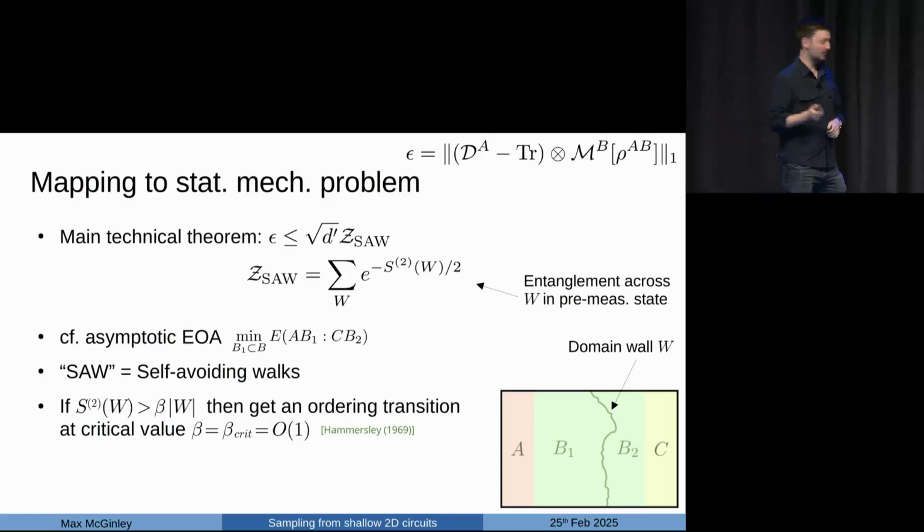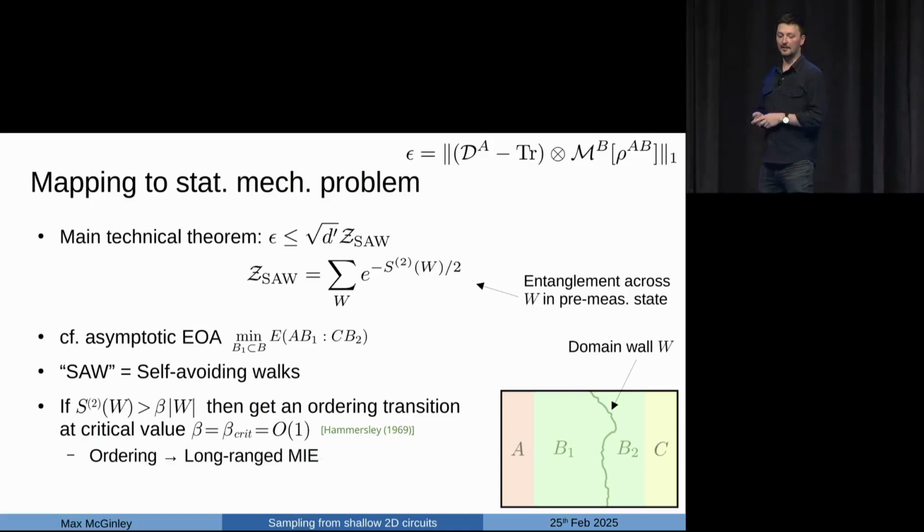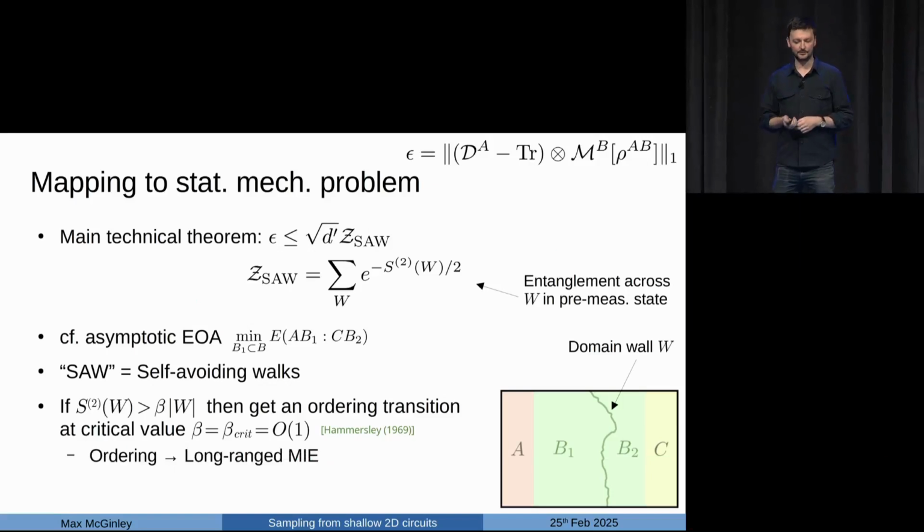It orders at a critical value of beta, which is order 1. And our claim is that when this statistical mechanics model orders, we get long-range measurement-induced entanglement.